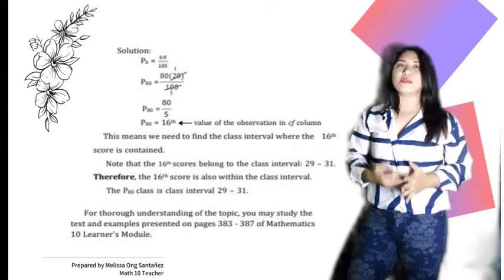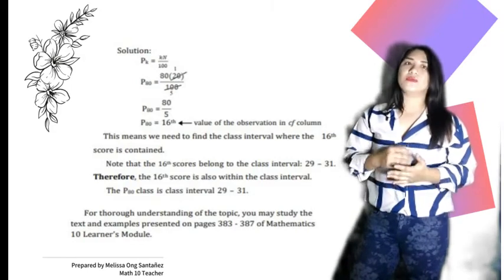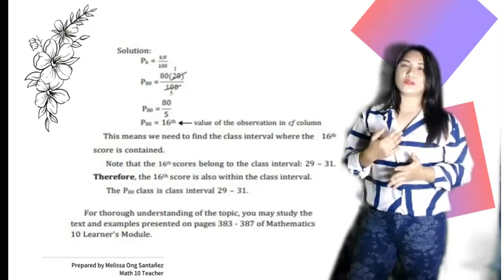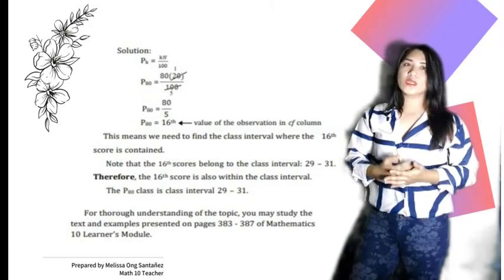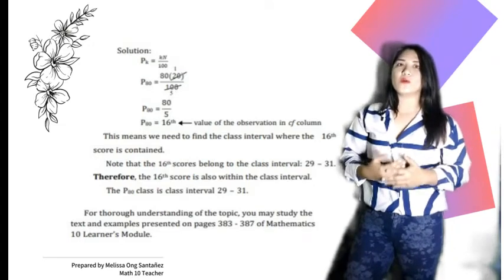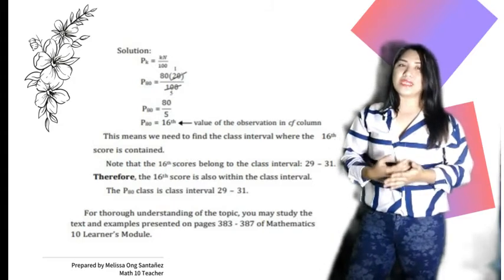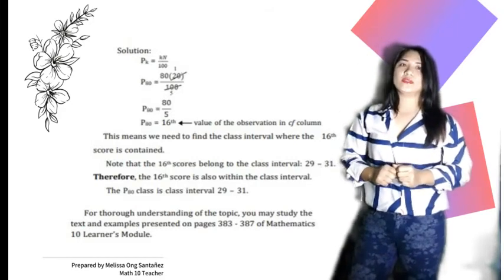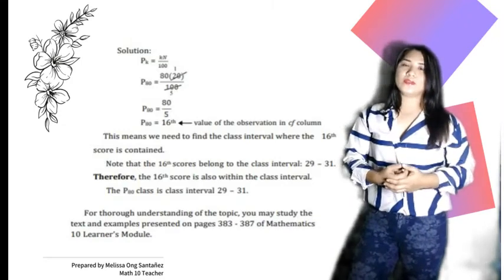What does it mean? That means we need to find the class interval wherein the 16th value is contained. Note that the 16th score belongs to the class interval between 29 to 31. Therefore, the 16th score is within the class interval of 29 to 31. So the P80 class is the class interval between 29 to 31.